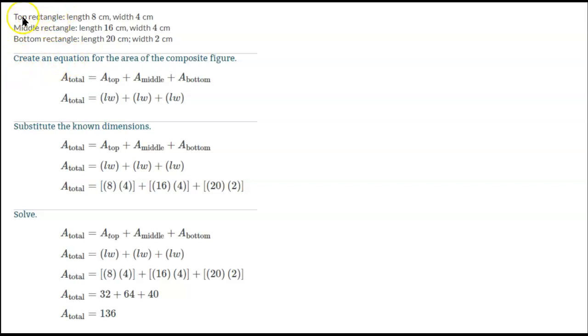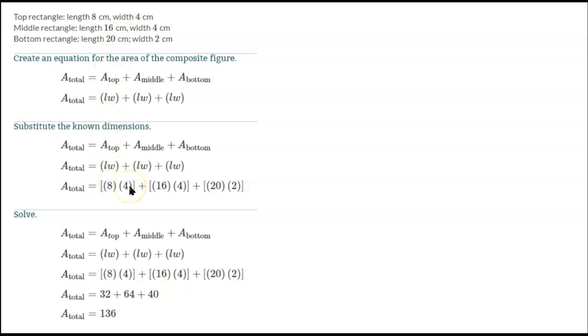Now we know that the top rectangle's length is 8 centimeters and the width is 4 centimeters. The middle rectangle is 16, and the width is 4. The bottom rectangle is 20, and the width is 2. I'm going to go ahead and substitute length times width for all 3 of my rectangles.